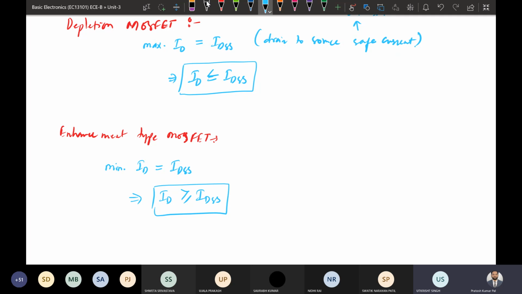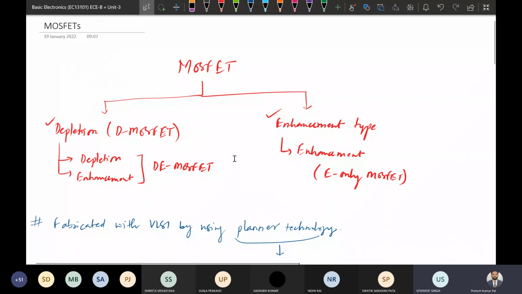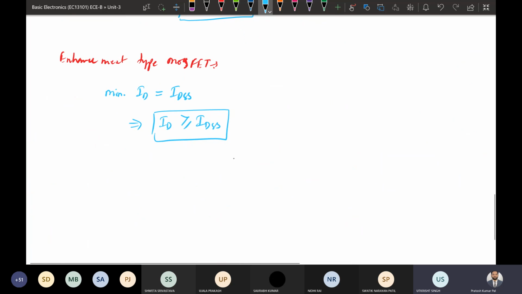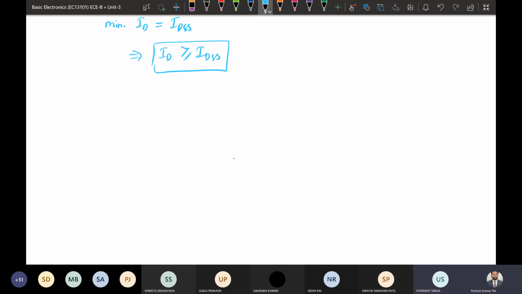That's why this depletion type MOSFET is also called DE MOSFET, or sometimes it is called dual MOSFET, because it can operate both in enhancement as well as the depletion mode. That's why it is called depletion dual MOSFET.